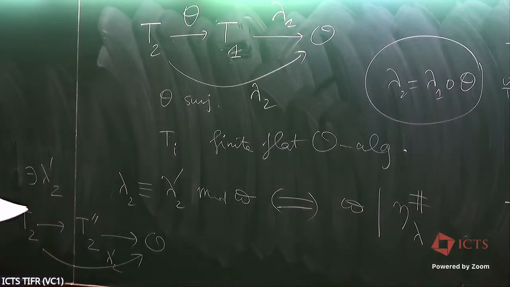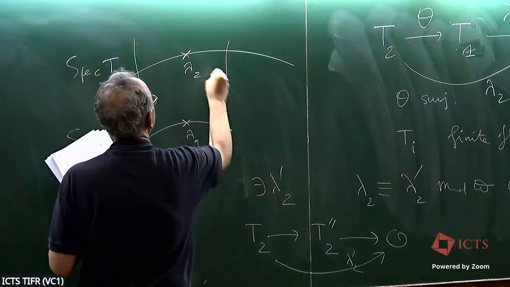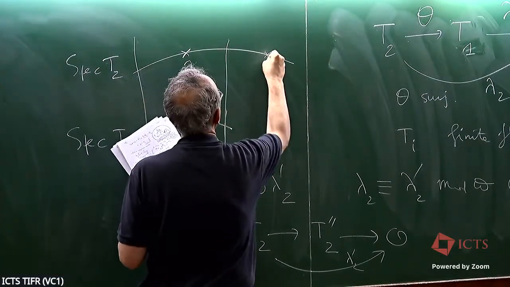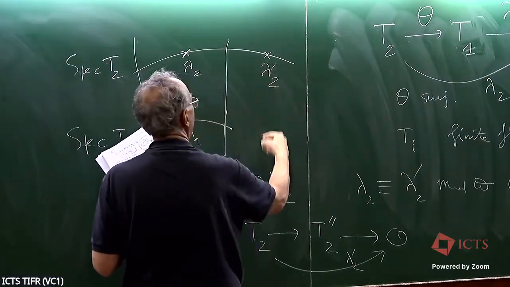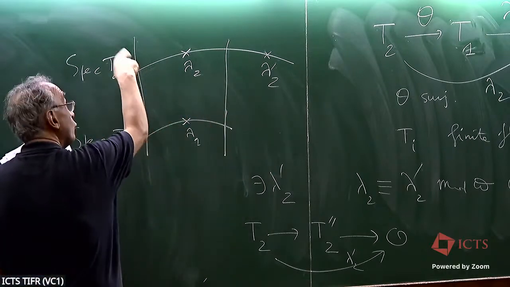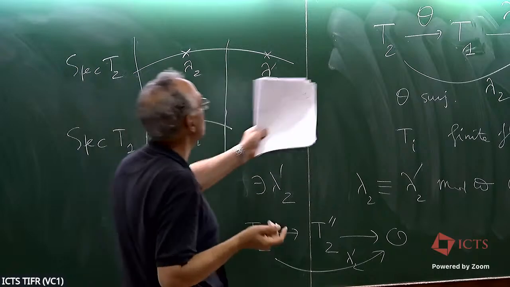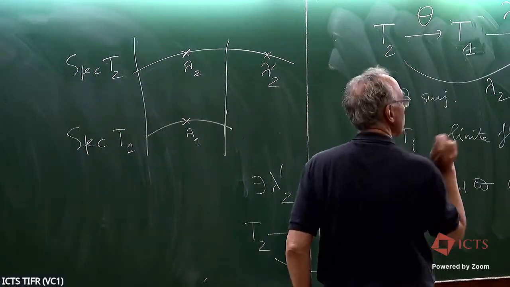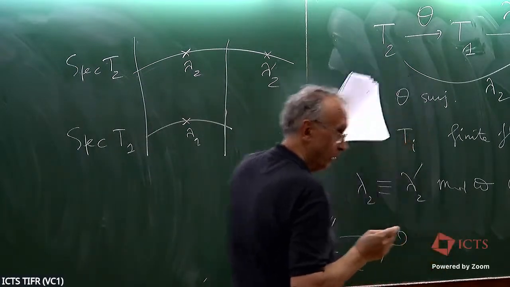So if you want to draw a picture, you have the spectrum of T2, you have the spectrum of T1, you have the point lambda 1, you have the point lambda 2, and you are interested in points which are not base change, but still which are on this local, this is a local ring, okay? I localize. I could say they are local rings, okay, for me.